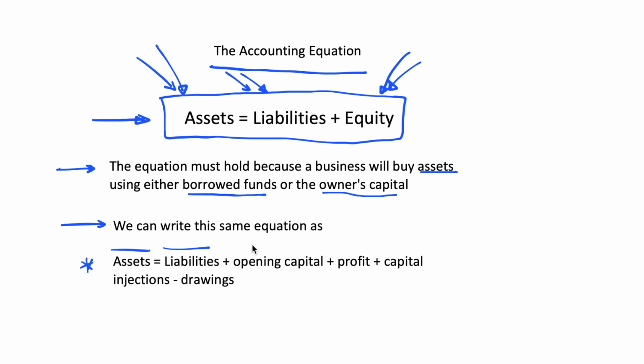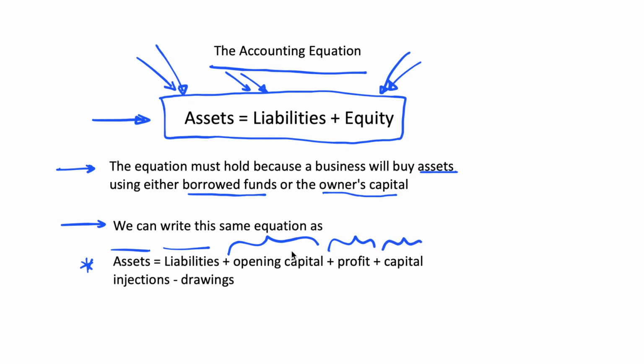However, we can expand out this equity term and say that we can also increase our assets through whatever was our opening capital when we established the business, how much was injected into the business then, how much funds we had to buy assets. Also how much profit we have made over the course of having the business, which can be reinvested in assets.